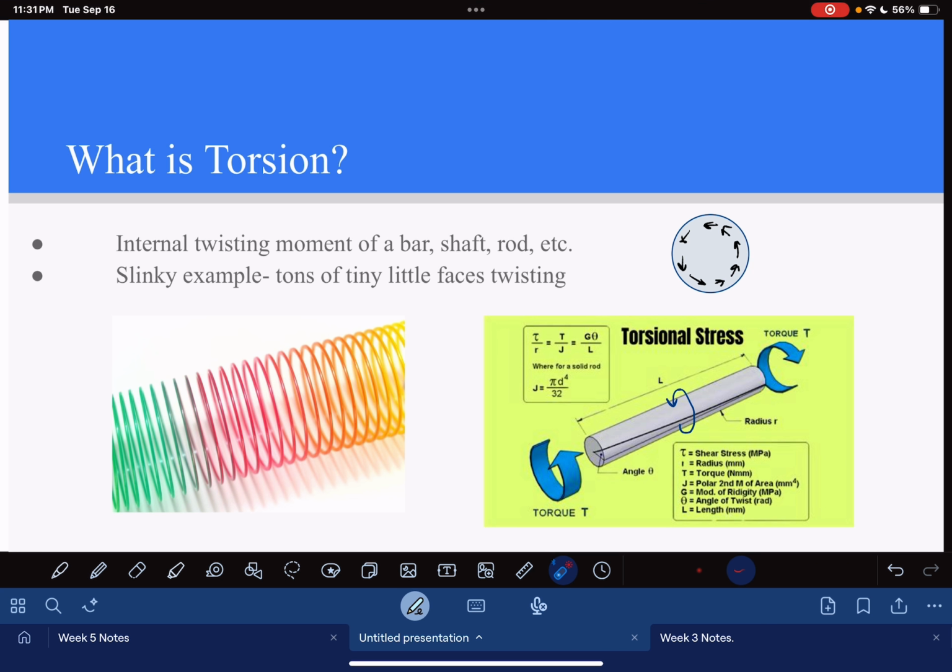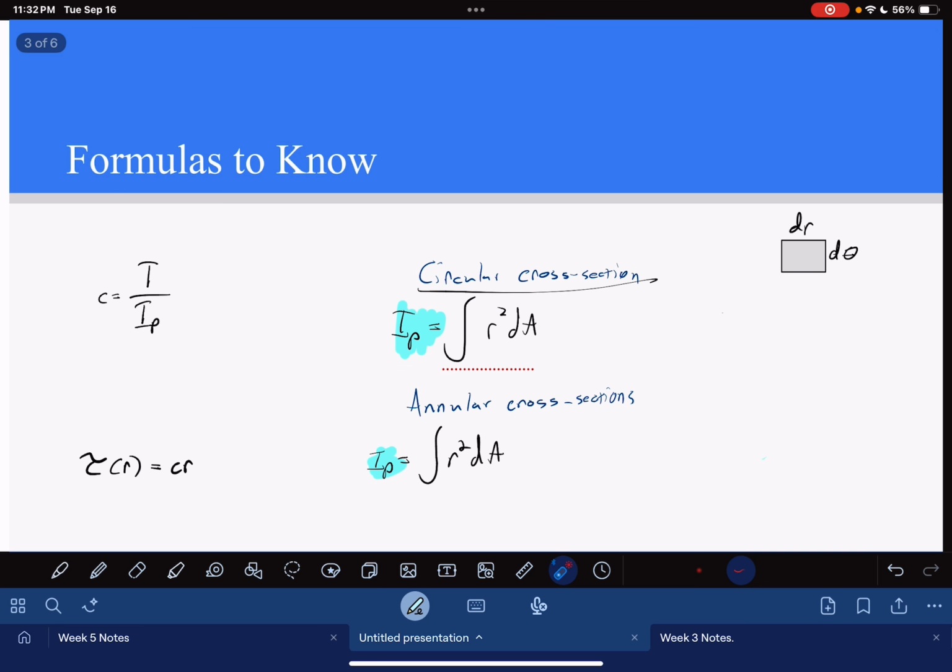That's a good analogy for how torsion works. And something to note is that there's no internal twisting moment, which is essentially what torsion is. It's actually a whole bunch of shear stresses acting on the bar, just as we have pictured here.